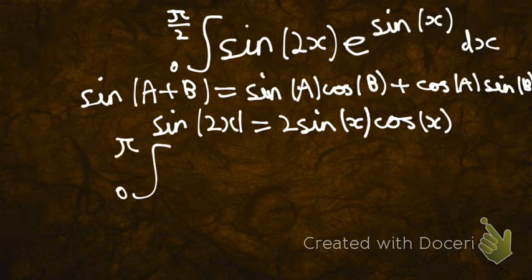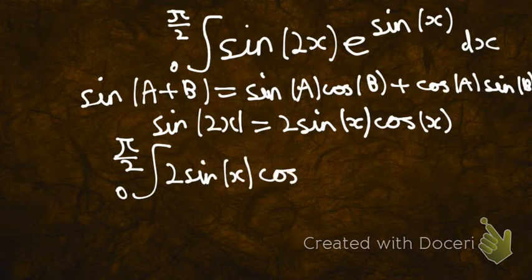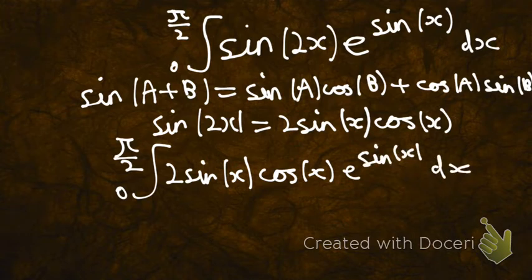And then this leads the integral as 2 sine x cos x e to the sine x dx. No more 2x's around. But we have 3 terms. How do we do this?